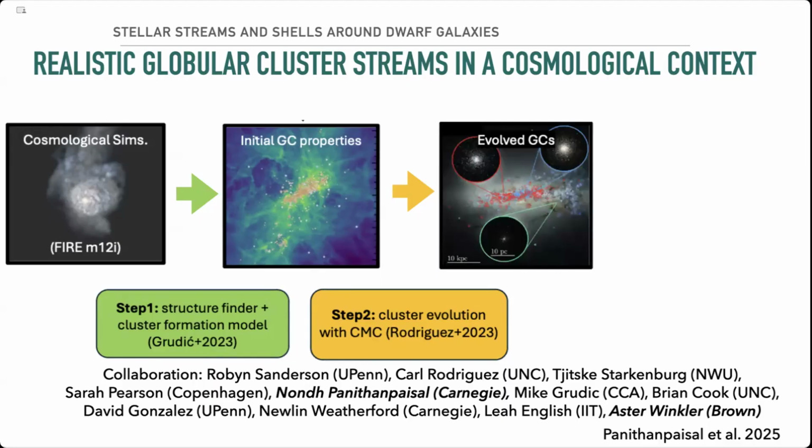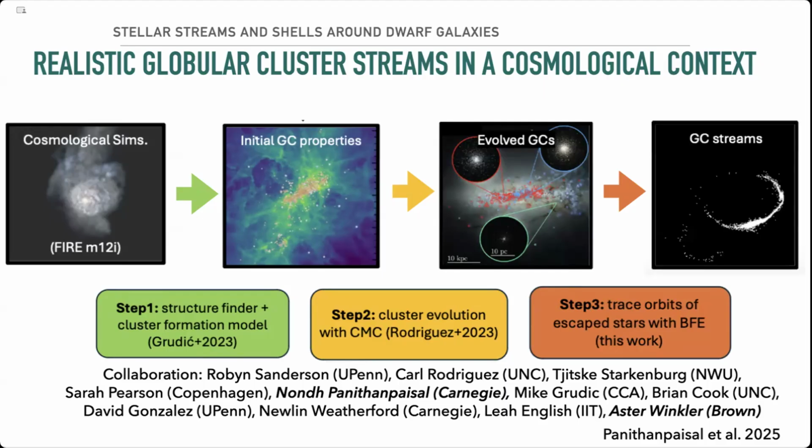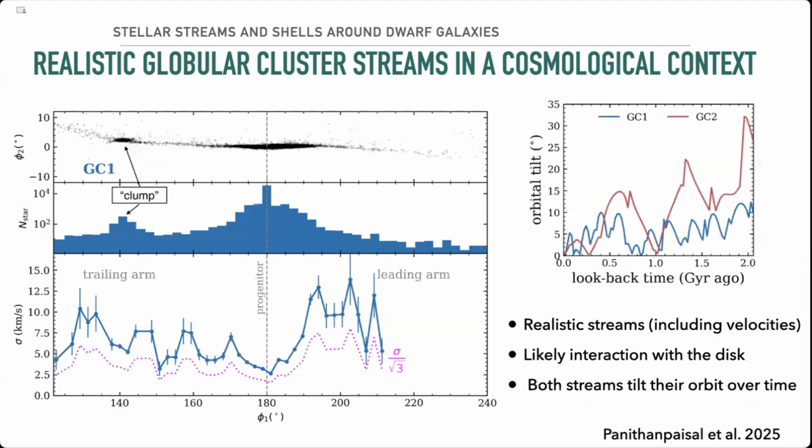That gives us the evolved clusters within the larger galaxies, so we know exactly where they are and what their properties are. And then stars that are ejected from the cluster, we put back into the evolving potential of its parent halo to study how detailed stellar streams form. And so in this context, we have star by star stellar streams from a realistic globular cluster model within its parent halo as it is cosmologically evolving.